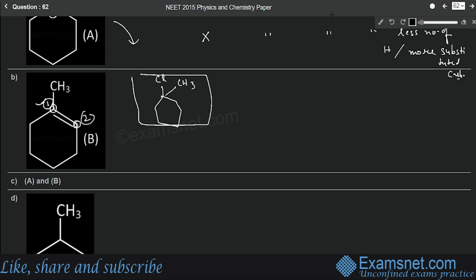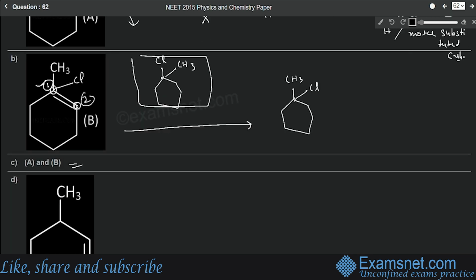So here chloride will get attached, whereas hydrogen will get attached to carbon number 2. It will form a product like this. Here the double bond will be removed, hydrogen will be attached at carbon number 2, and here we already have CH3 and one chloride group will also get attached. So this option is also giving the desired product. So A and B both are giving the desired product.